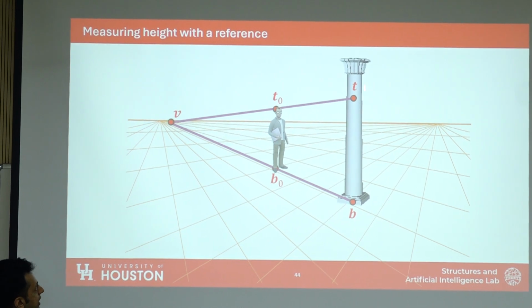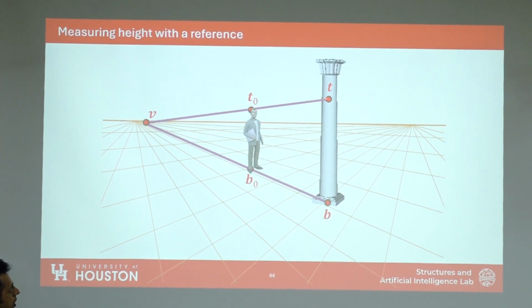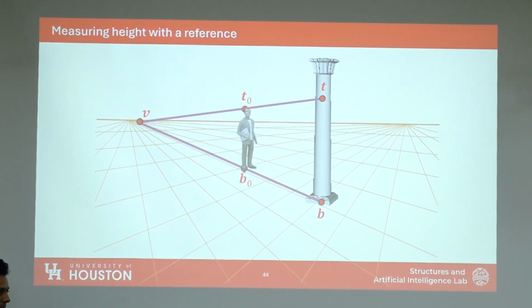To find the location that the projection would be at, if the man was standing here, I need to extend a line from this vanishing point through the man's head to this column, right? Then this would be the man's height, and then now they're at the same position. Now I can do the simple scaling, and I can figure out what the height of the column is, right?